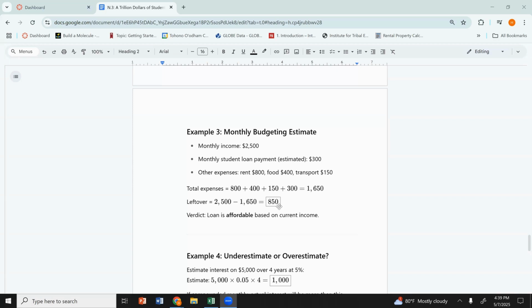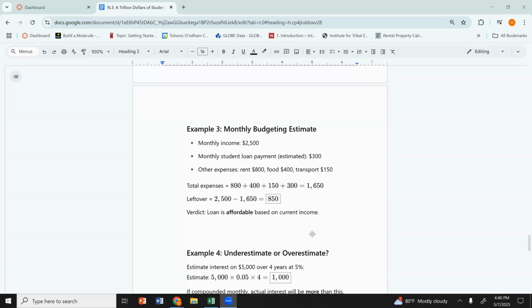So your earnings should be more so that you save a little bit and use that for emergency situation. So your income should be higher than your total expense. That's what we target if you're doing budget estimate.